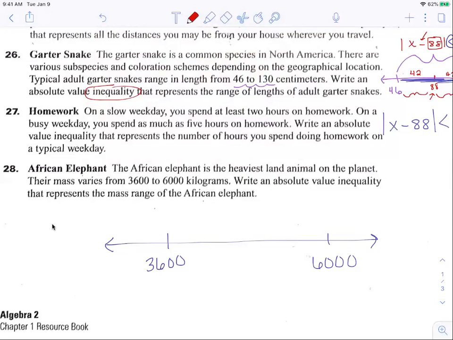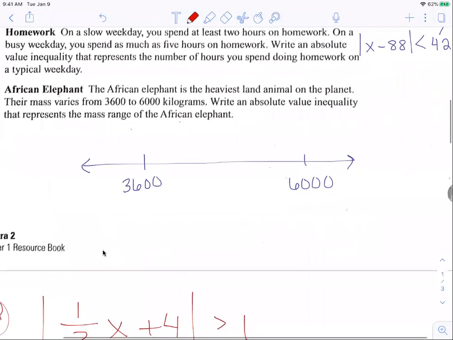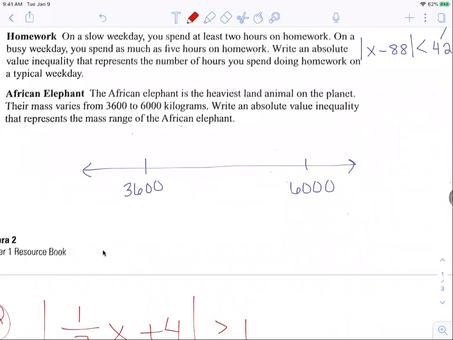Maddie, what do you think? Okay. I put the 3,600 and then the 6,000 on each end, and then did the middle number. So I got 4,800. Okay, looks good. And then I did what the distance was, and I got 1,200.